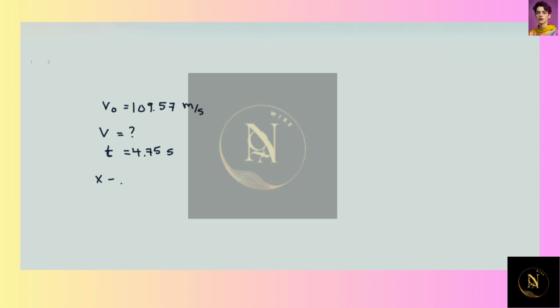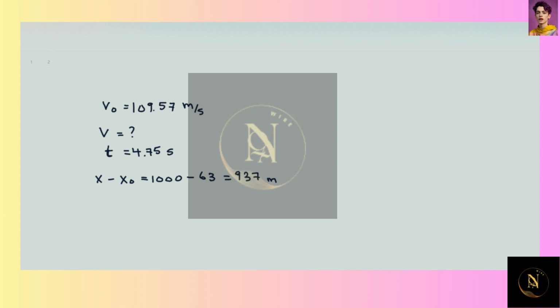And x minus x naught is equal to 1,000 minus 63, because that's the new distance traveled by the rocket during the 4.75 seconds. If it ends at 1,000 and it went 63 the first time, then it went the difference during the 4.75 second part. This is equal to 937 meters.